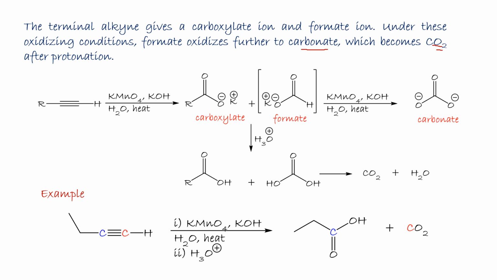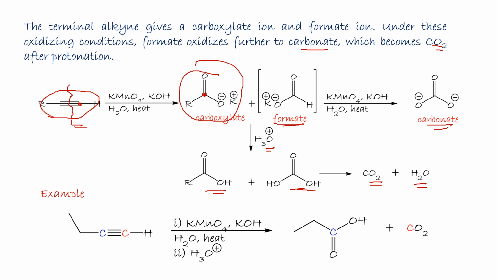So we have terminal alkyne, we oxidize under this condition, we cleave this to carboxylate potassium salt, and this one will be formate, which goes further oxidation to carbonate, and the carbonate will be CO2 and water after the neutralization, and this carboxylate will be carboxylic acid.